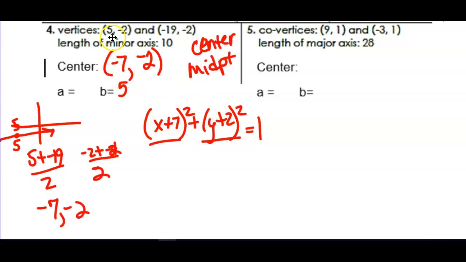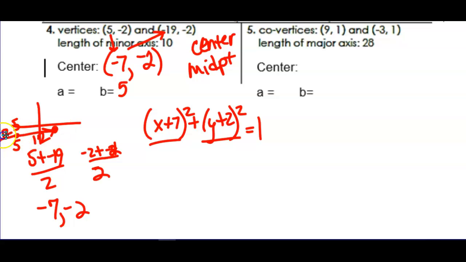From 5, -2, oh, wait a minute. -7, -2, 5, -2 would be over here a lot, right? From -7 all the way to +5 is 12 units over. This is a distance of 12. And then from -7 to -19 would be 12 units to the left.